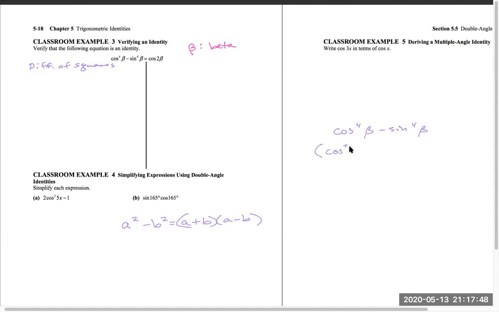Well, we're taking cosine squared beta and squaring it. And we're taking sine squared beta and squaring it. So our 2 factors should be cosine squared beta plus sine squared beta and cosine squared beta minus sine squared beta.